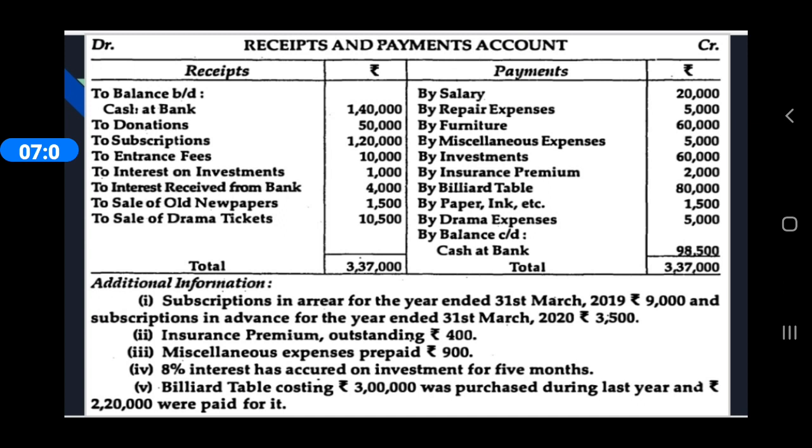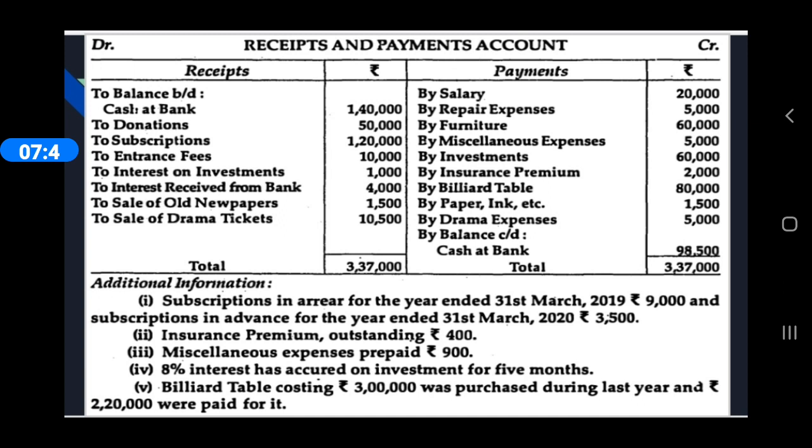There will be opening cash in hand and closing cash in hand, because it is a summary of the cash book. Simply put, it is a cash book. Additional information will also be given to you: subscription in arrears for the year ended 31st March 2019, and subscription in advance for the year ending 31st March 2020. Here we should assume March 2020 as the current year.